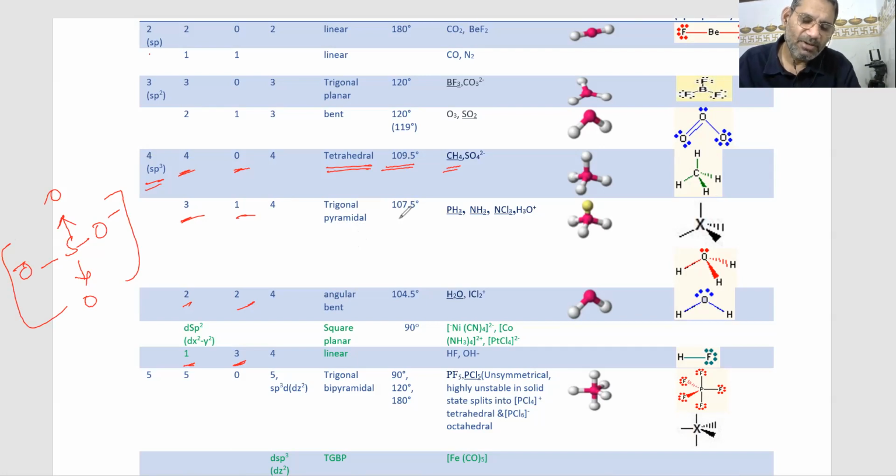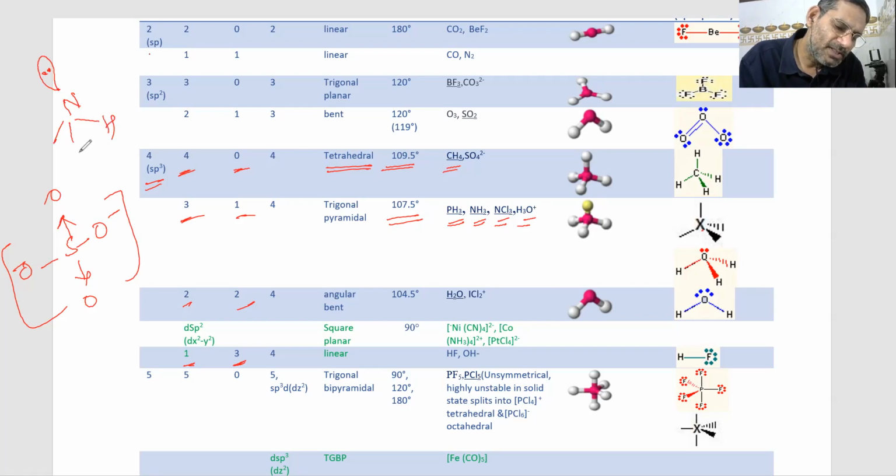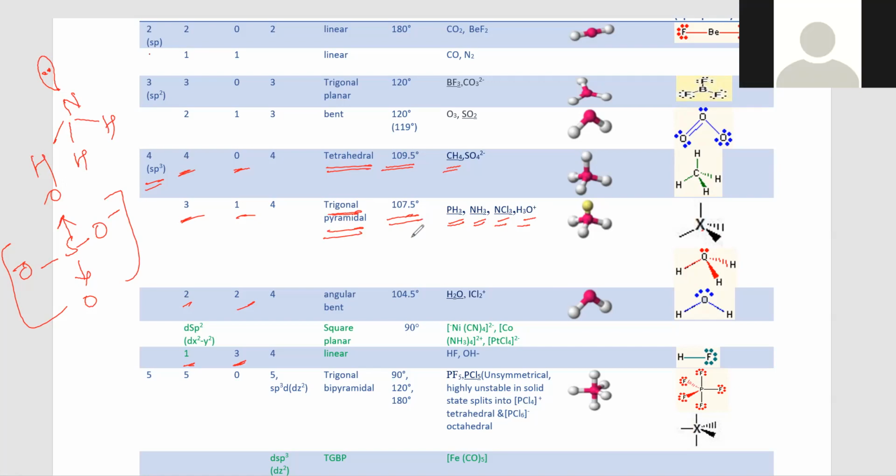Bond angle is 107.5 degree. Examples will be PH3, NH3, NCl3, H3O plus. One N, then a lone pair and 3 H. This shape is pyramidal.